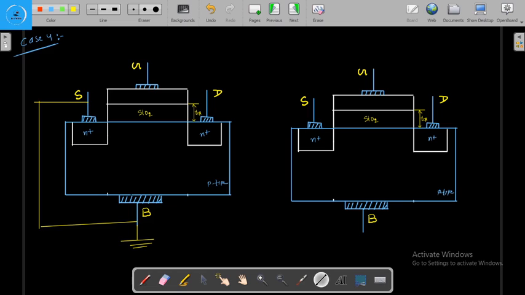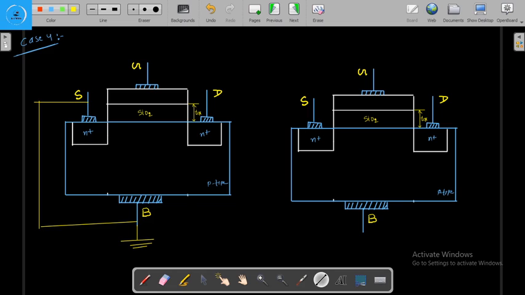Because we don't want this diode present here to be in forward bias. If it is in forward bias, a large amount of current will pass through it and our MOSFET will burn out. That's why we want this diode to be in reverse bias, in the depletion region.